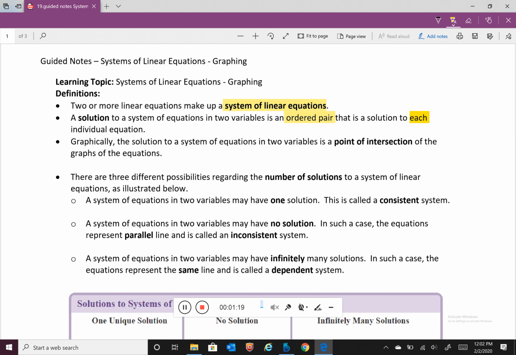That's what composes a solution of the system. Both lines share the same solution, a shared point. So graphically, the solution to a system of equations in two variables is a point of intersection of the graphs of the equations. That is where they intersect and then share a point.